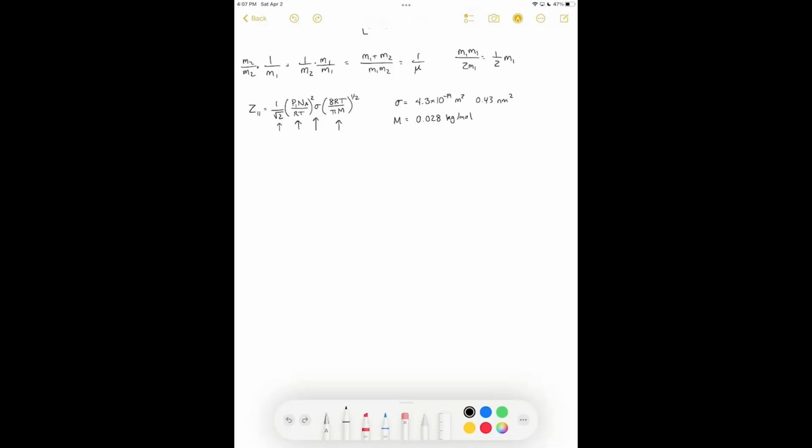Everything in this equation is assuming SI units. You can make some differences if you want, but we're going to use SI units here because volume is coming from areas and so forth. So what we'll get then is the total collisional frequency is equal to 1 over the square root of 2.